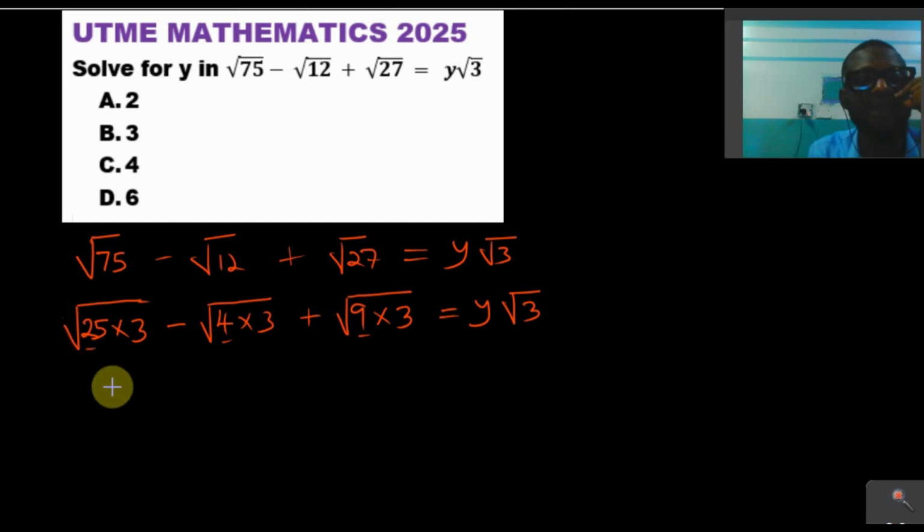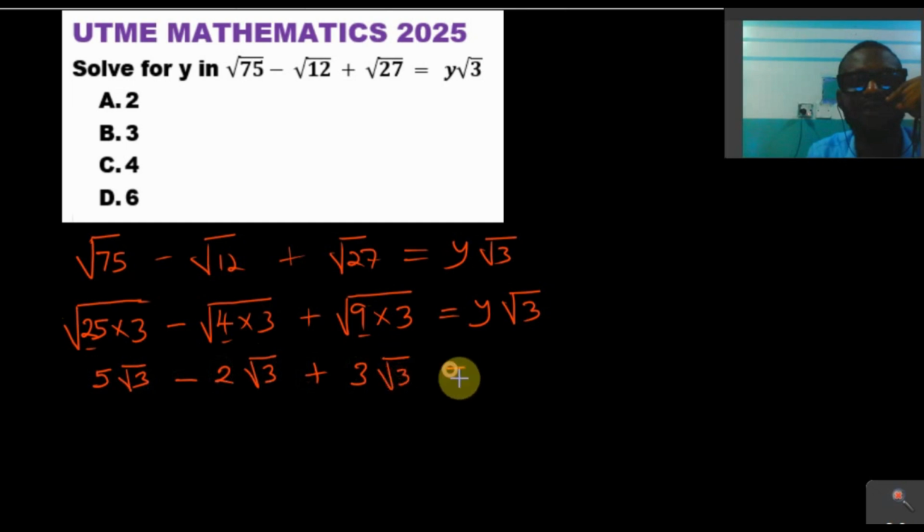So you bring it outside the surd, it becomes 5√3, minus the square root of 4 is 2, bring it out, 2√3, plus the square root of 9 is 3, this becomes 3√3, is equal to y√3. Now these are all in √3, so you can collect like terms here.